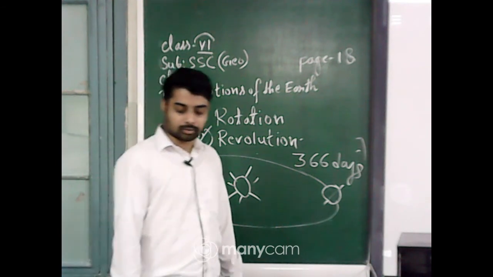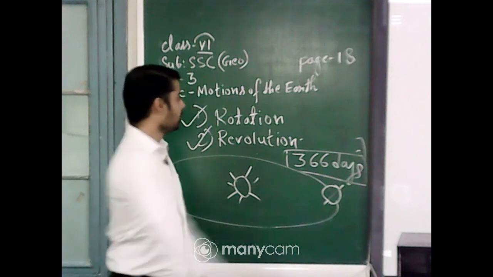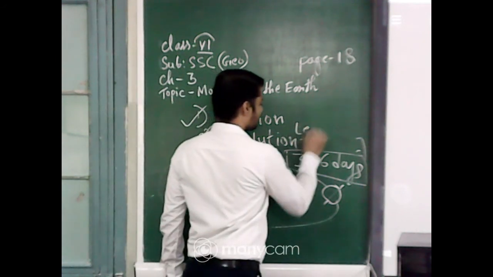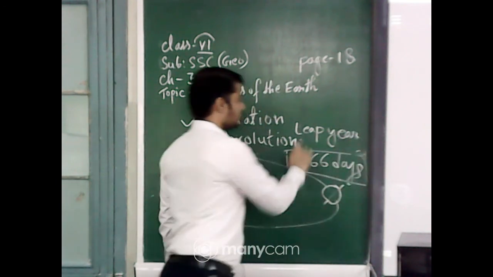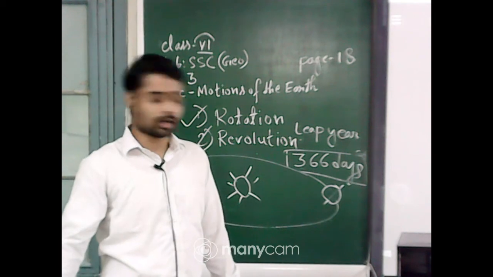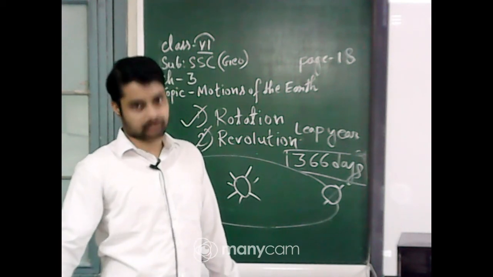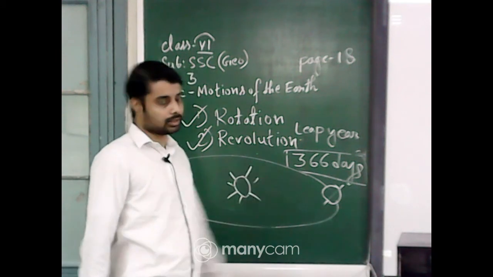Such a year with 366 days is called a leap year. If the question comes what a leap year is and how it happens, then we have to discuss it like that.